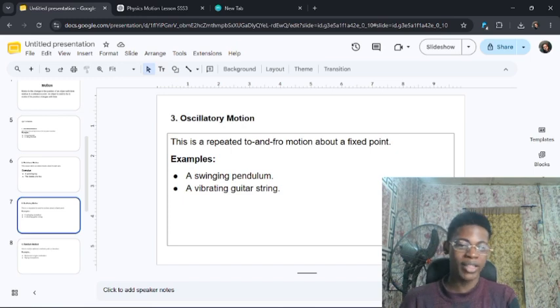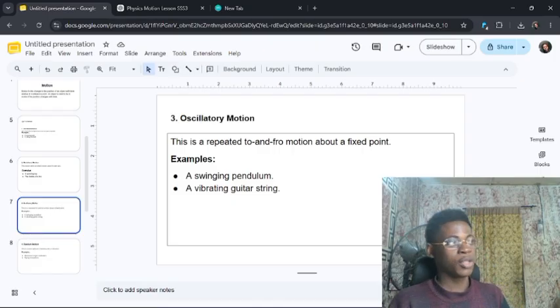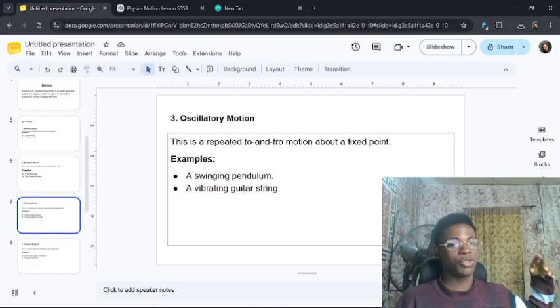A vibrating guitar string is also an example of oscillatory motion. We also have a swing moving front and back, just like the pendulum moving left and right.